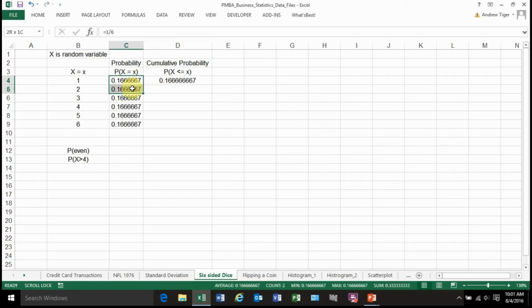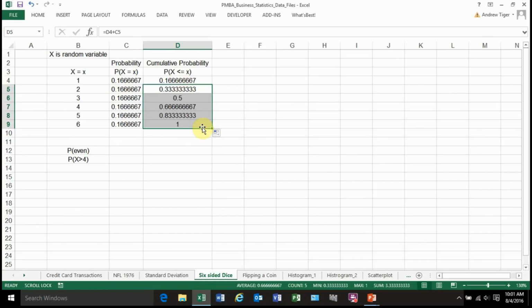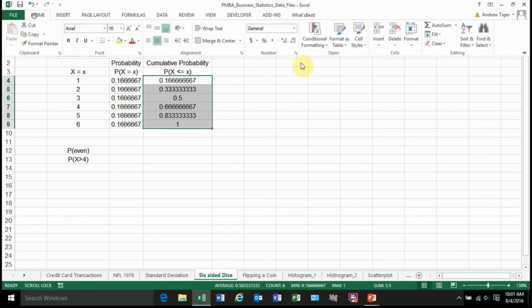Well, it's summing these two, or the way that we can write a formula that we can copy down, it's equal to whatever the cumulative probability above it is plus the individual probability of that particular event. And I can take that formula and copy it down. And again, let's get rid of all these crazy decimals and show maybe just 2.